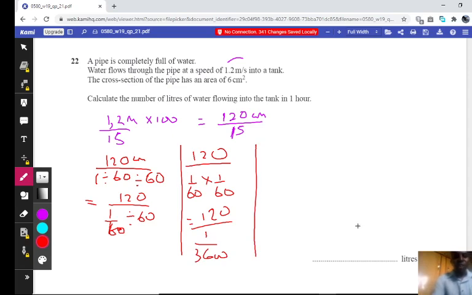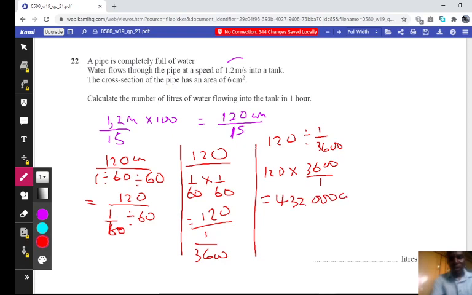Then 120 divided by 1 over 3,600 will be 120 times 3,600 over 1. Find your calculator: 120 times 3,600, you get 432,000.